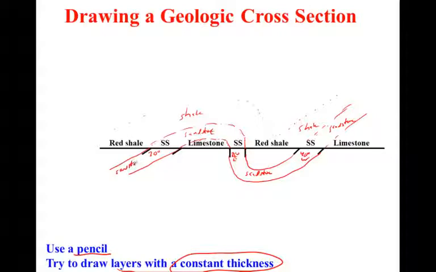As we draw a cross section, we'll want to keep our rock layers labeled so we can remember what we're looking at. And then what is our limestone doing? It must be doing something like this.